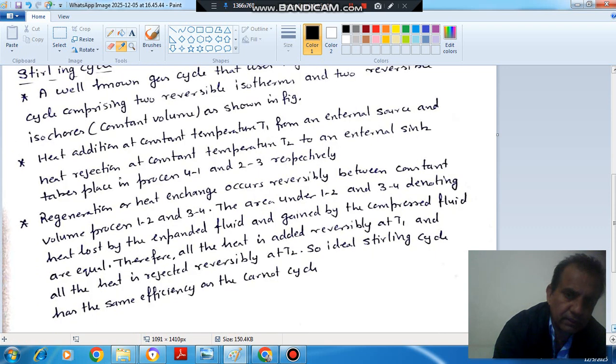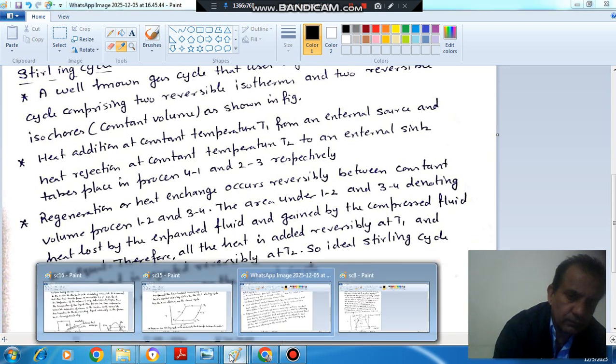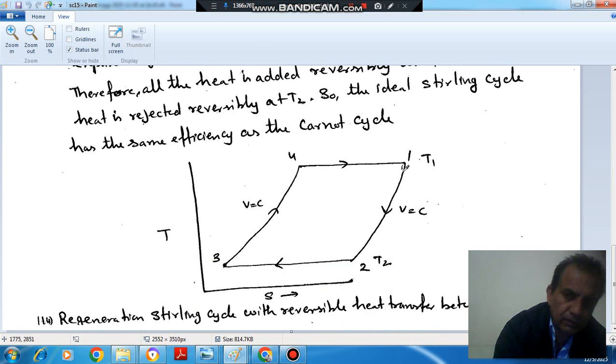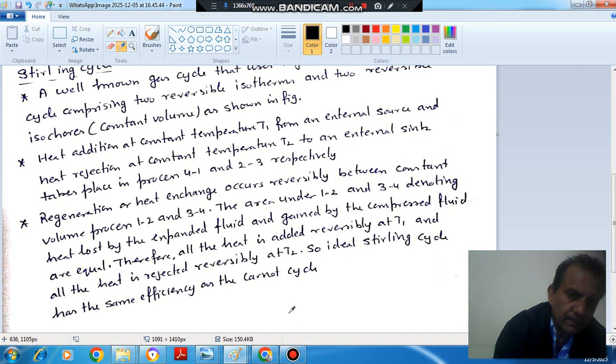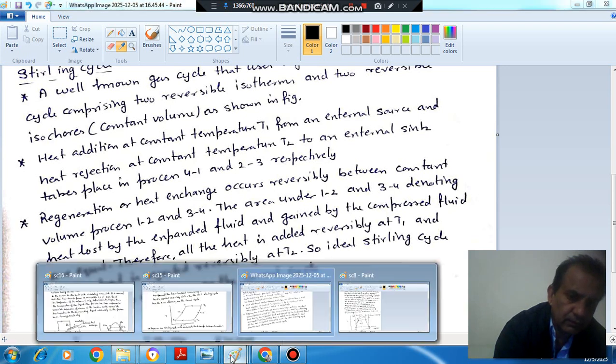Regeneration or heat exchange occurs reversibly between the two constant volume processes 1-2 and 3-4. Between 1-2 and 3-4, heat is being rejected in 1-2 and this rejected heat is used to heat 3-4. The areas under 1-2 and 3-4, denoting the heat lost by the expanding fluid and gained by the compressed fluid, are equal.